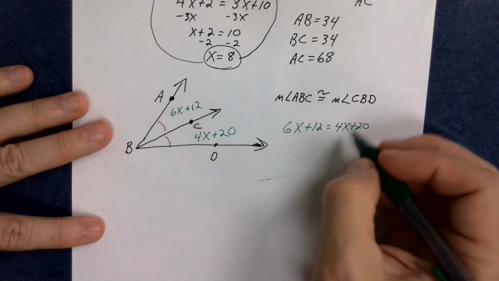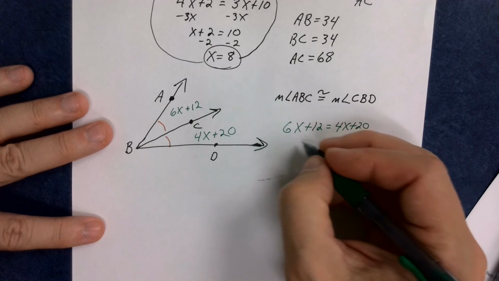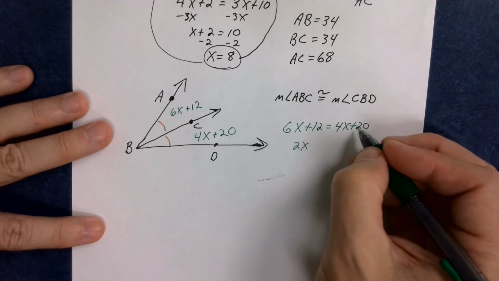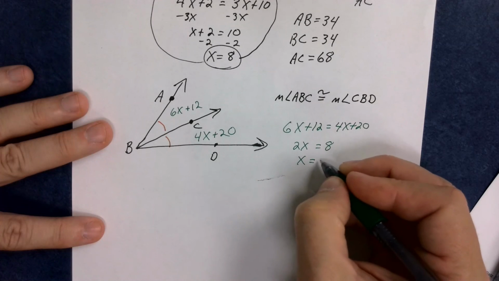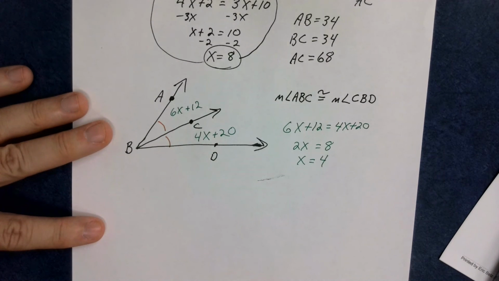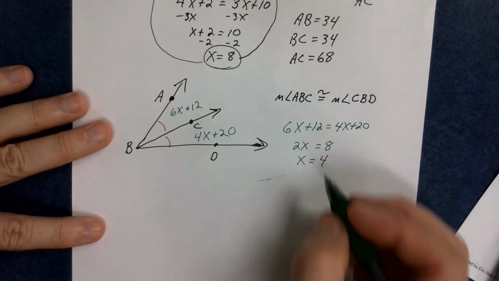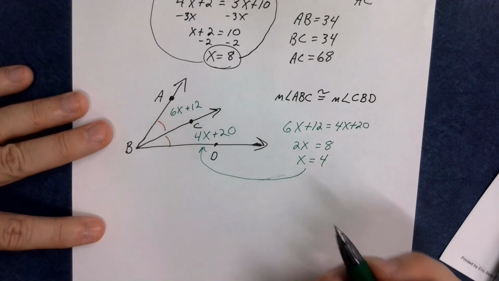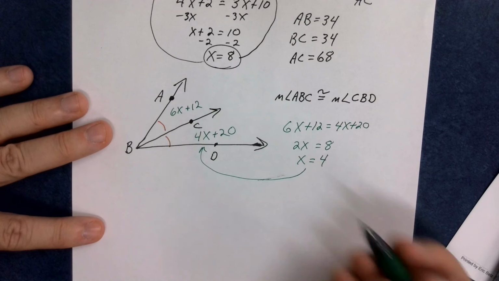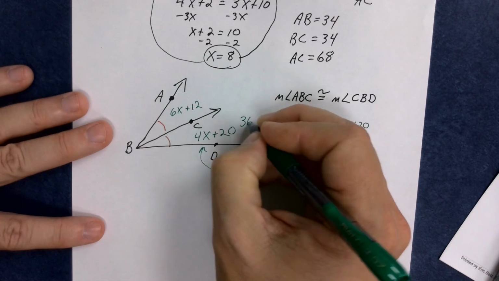Then I could solve it, and I'd subtract the 4x over here, and I get 2x. I'd subtract the 12 over there, and I'd get 8, and I'd know that my x equals 4. Yay? And if my x equals 4, I can take that 4 and I can plug it into there. 4 times 4 is 16. 16 plus 20, that's a 36-degree angle.